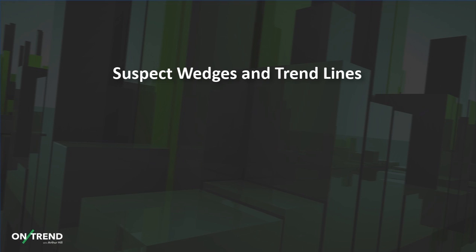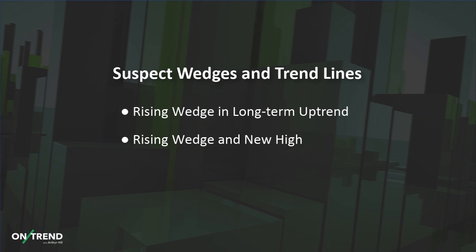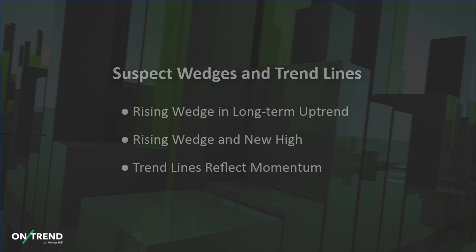I think rising wedges in a long-term uptrend are suspect, and rising wedges when you're hitting a new high are suspect, and I don't even draw them. In addition, I don't think trend lines mark a support or resistance level based on demand. A trend line is basically reflecting the momentum behind a move with its steepness. So let's take a look at this.